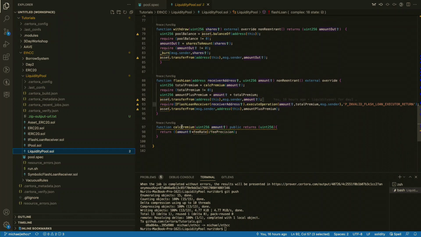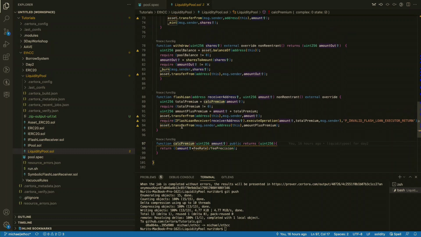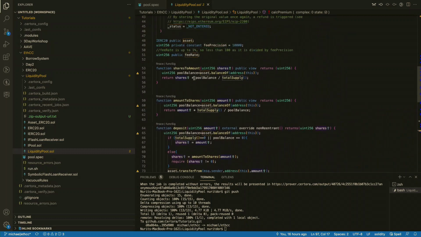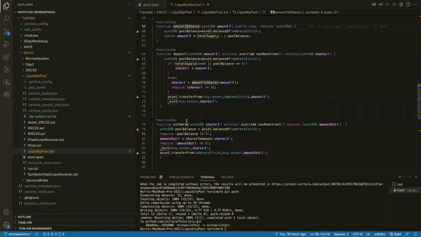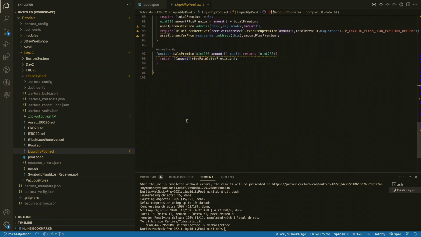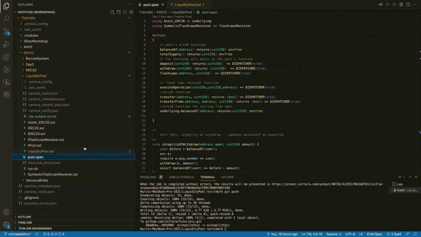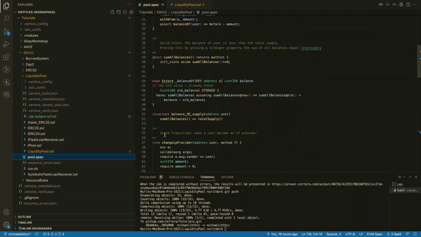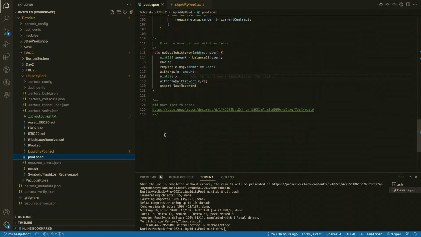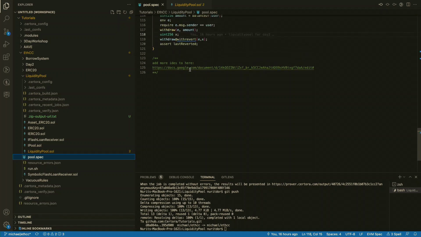We can also write properties on the calculation of the fees, or the computation of shares to amount and amount to shares. And the idea is, first of all, to plan. There is some start in the pool spec, but I want first of all to plan.